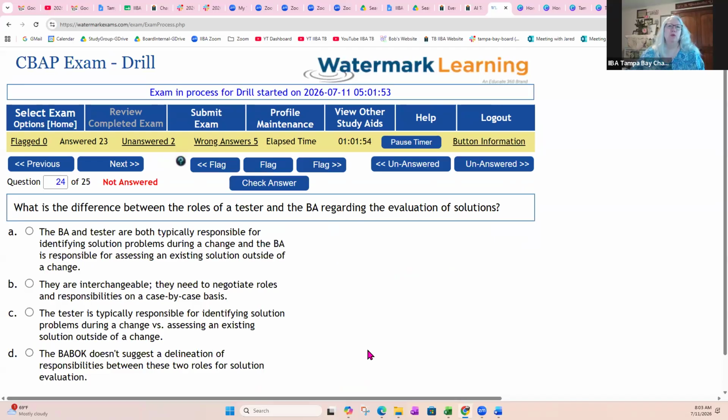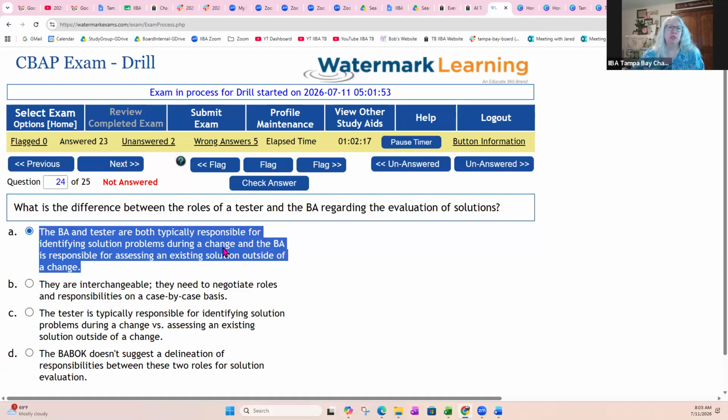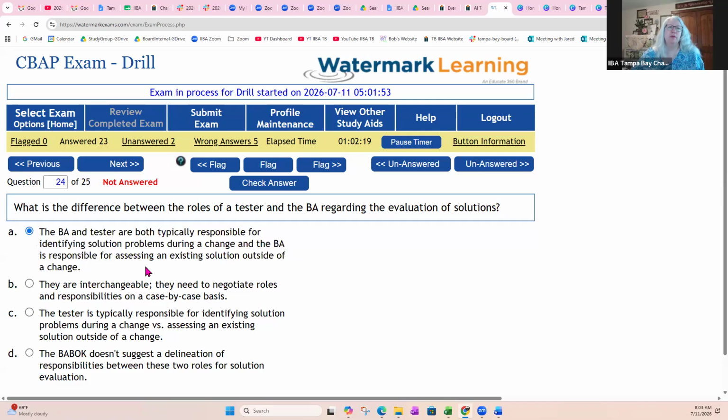What's the difference between the roles of a tester and a BA regarding the evaluation of solutions? So, solution evaluation, the 2 different roles have specific responsibilities in that task. A: The BA and tester are both typically responsible for identifying solution problems during a change, and the BA is responsible for assessing the existing solution outside of the change.